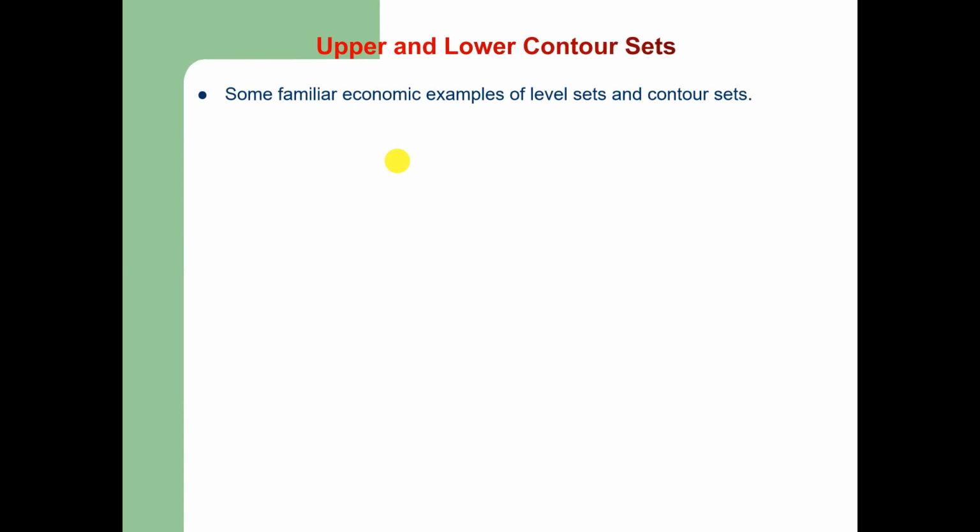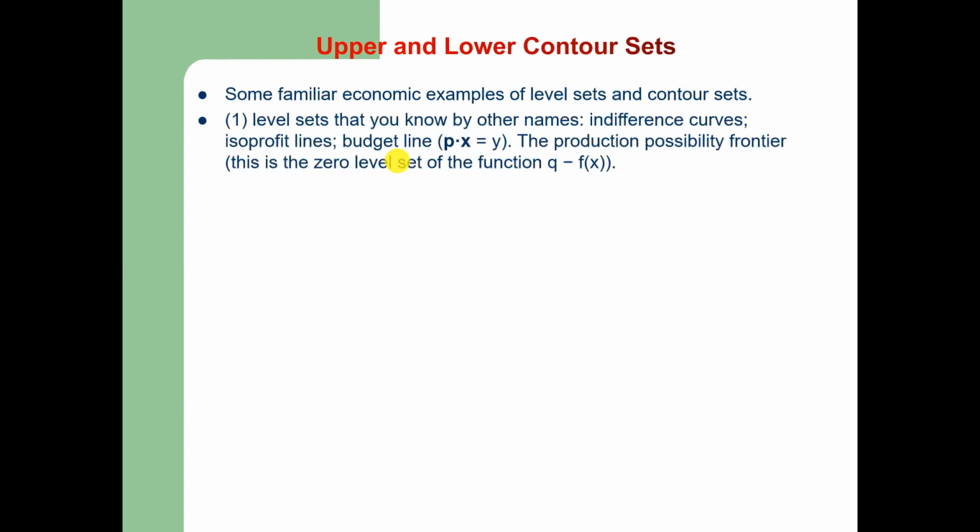Furthermore, there are some familiar examples of level sets and contour sets in economic theory. Level sets that you know by other names are indifference curves, as I mentioned earlier, isoprofit lines, the budget line, and the production possibility frontier.